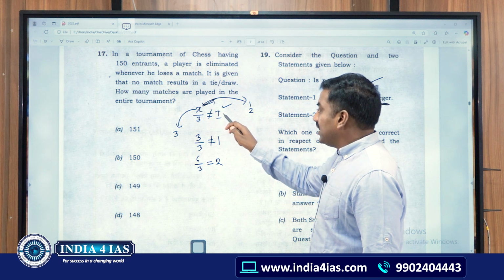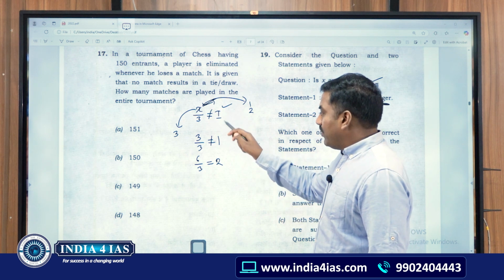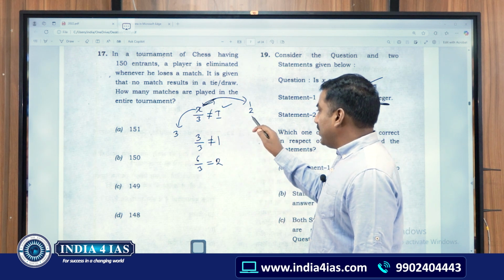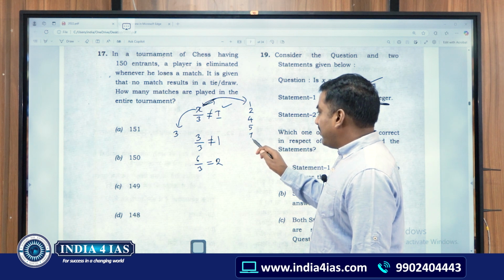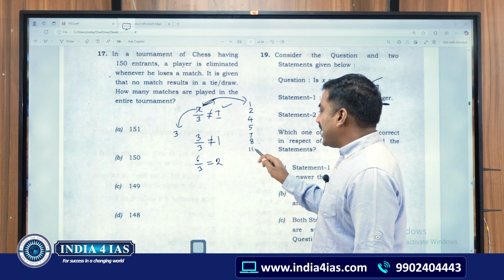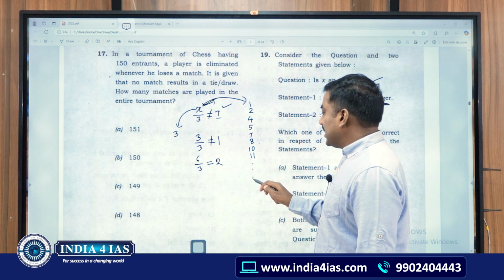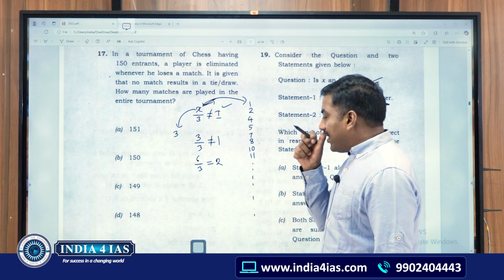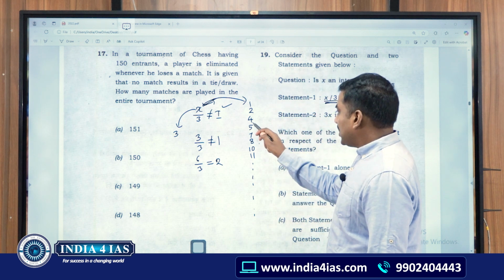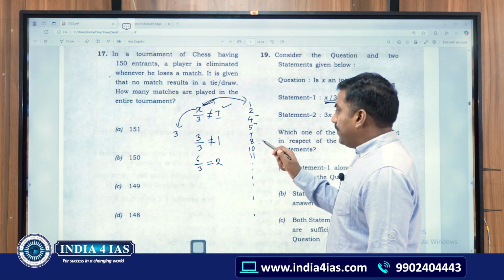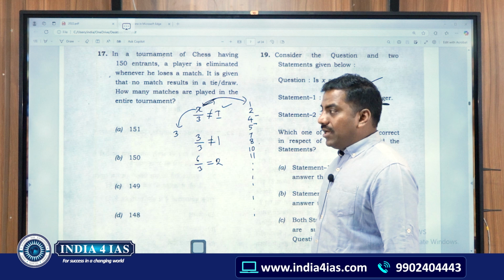If I take 3, this will become an integer. 3 by 3 will become an integer, 6 by 3 will become an integer. So 1, 2, 4, 5, skip 6 again, 7, 8, skip 9, then 10, 11, skip 12. Like this it will keep on going. Only when there is no multiple of 3, then it can be a fraction.